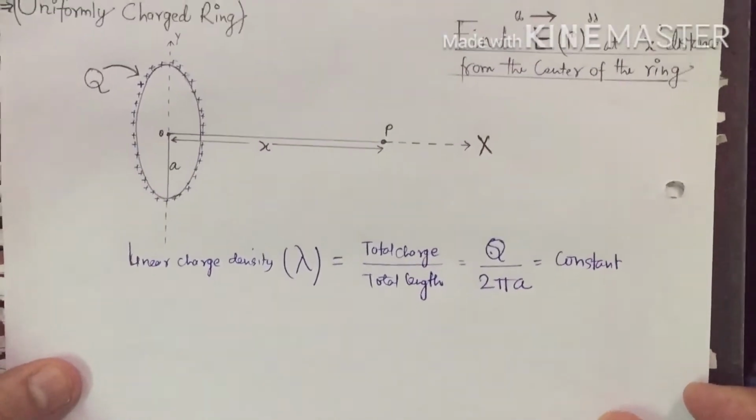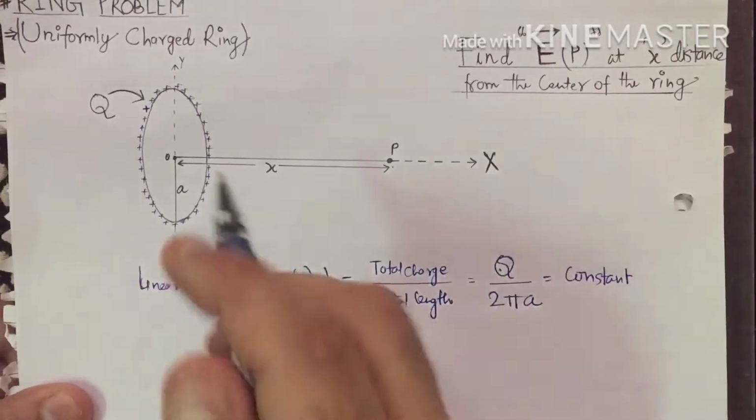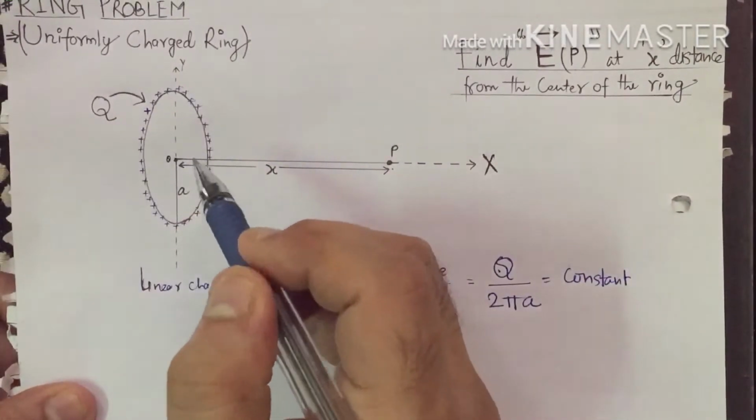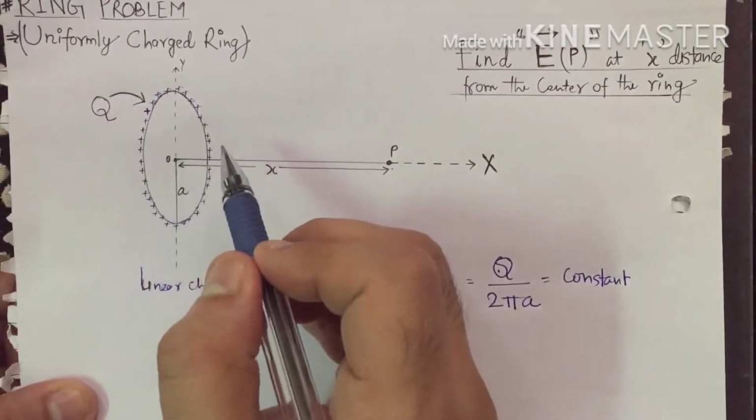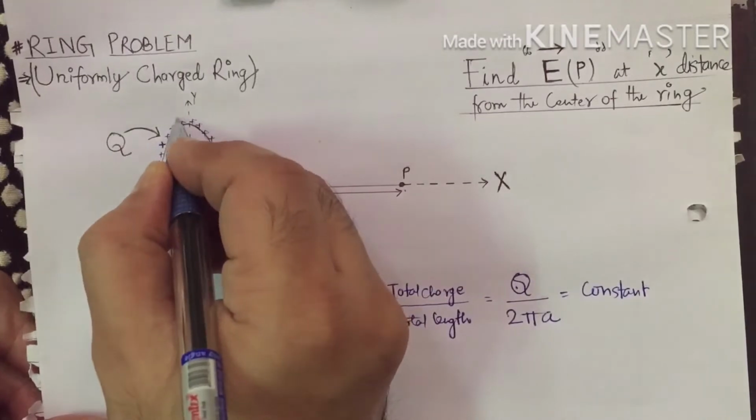Now, to calculate the electric field at a point P, since this type of distribution is called continuous charge distribution, we have to consider an element.